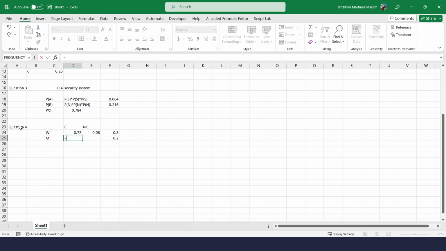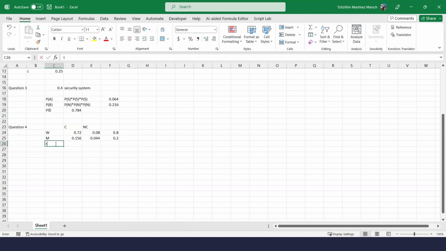And the same thing with the men: 0.78 of this 20% went to college, and so 0.22 of them didn't go to college.